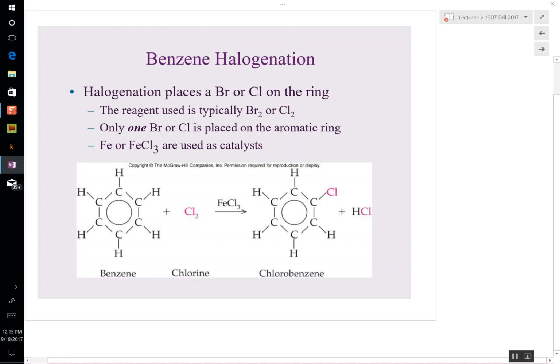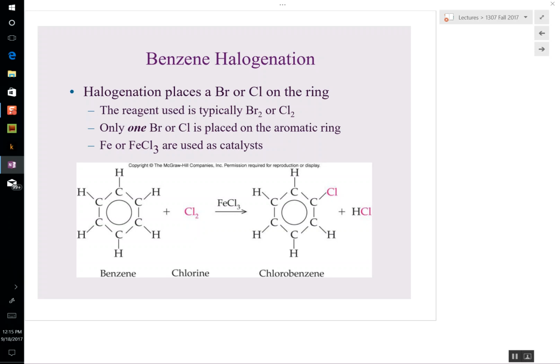Okay, and one reaction, and this will finish chapter 11. Halogenation of benzene, or toluene, whatever, but of an aromatic. Even though there are double bonds in here, or you could draw them, you are not going to add chlorine across a double bond.